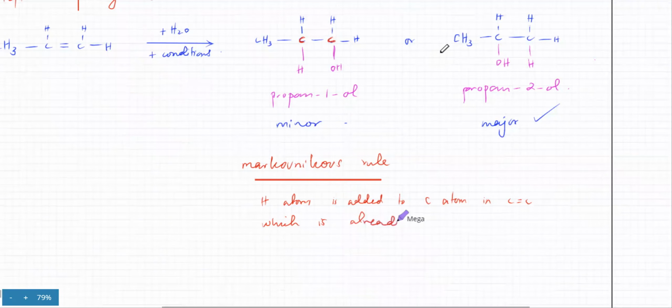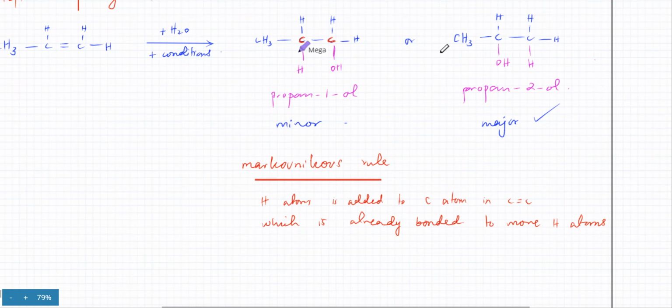So, which is already bonded to more hydrogen atoms.